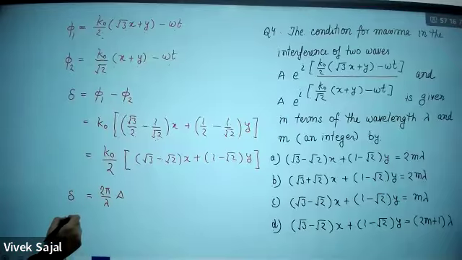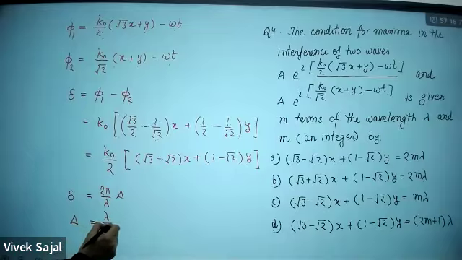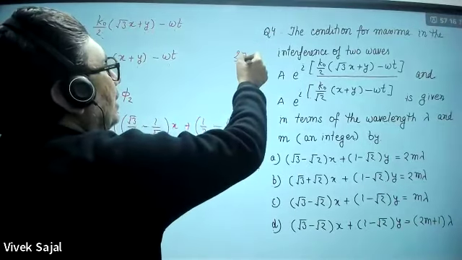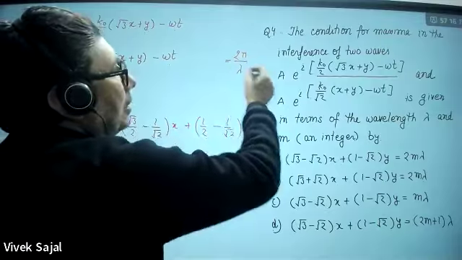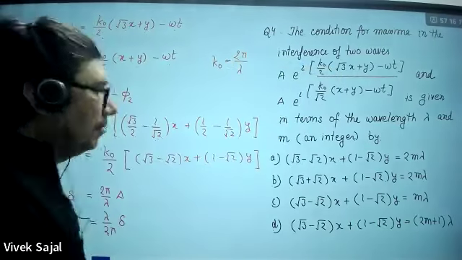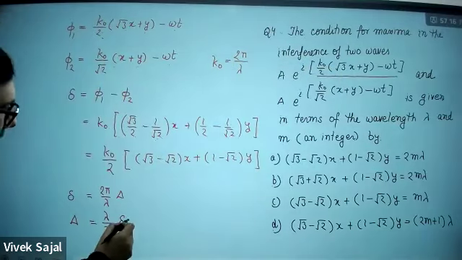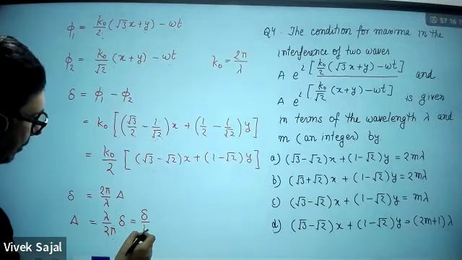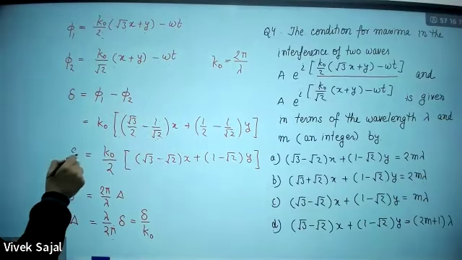So path difference will be lambda upon 2 pi into delta. And what is 2 pi by lambda? 2 pi by lambda is defined as propagation constant. Here propagation constant is k naught. So I can write it as delta by k naught. This will be delta by k naught, and this is delta.